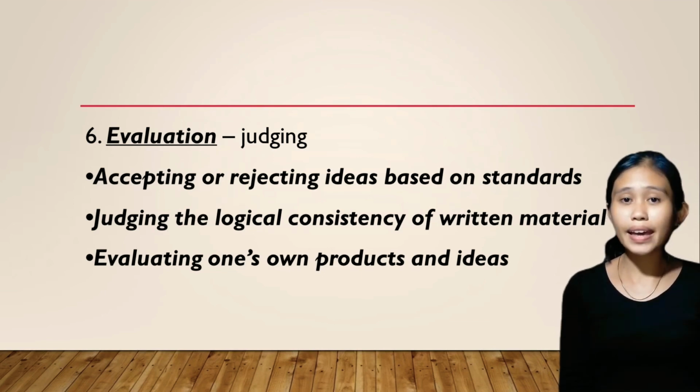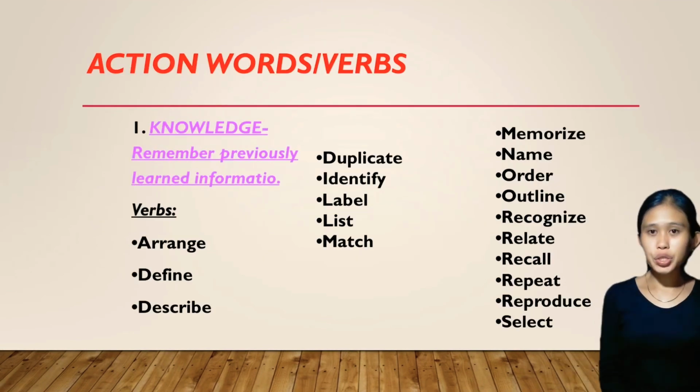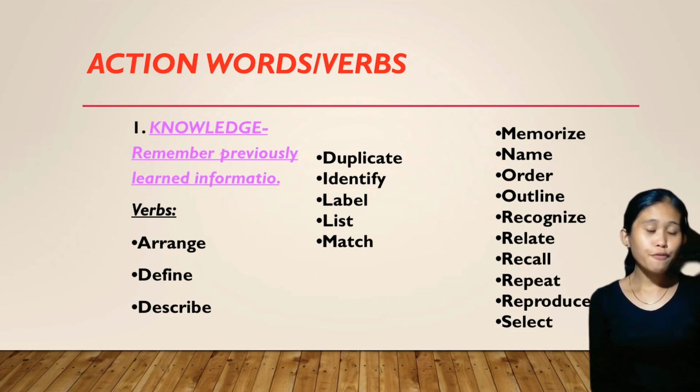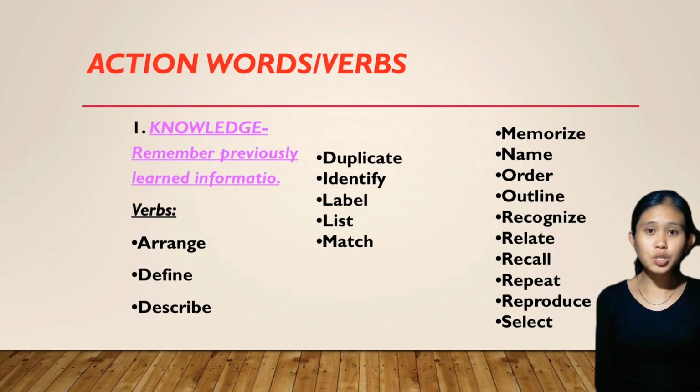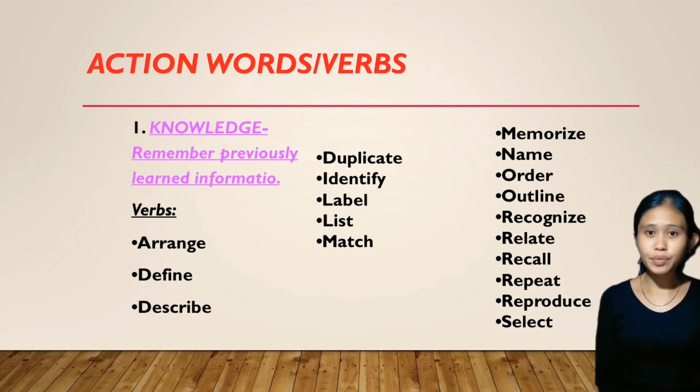And here are some action words or verbs from the 6 major categories of cognitive domain. For the number 1, which is the knowledge, remember previously learned information.